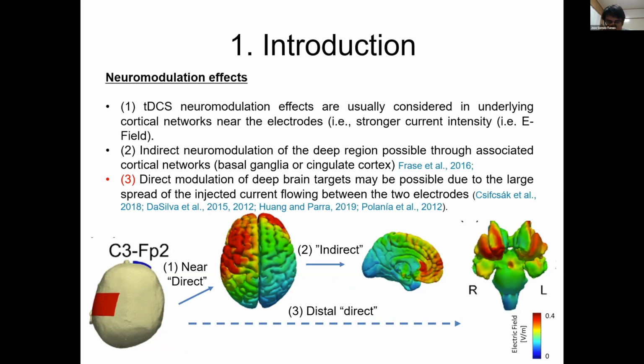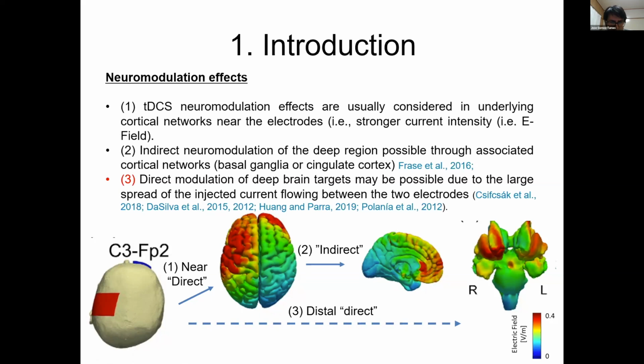So we are confident that we have a direct neuromodulation on these superficial brain regions. The second one is that we may have a side effect, if we want to say it like this, that is an indirect neuromodulation of other regions like deep brain regions through associated cortical networks.